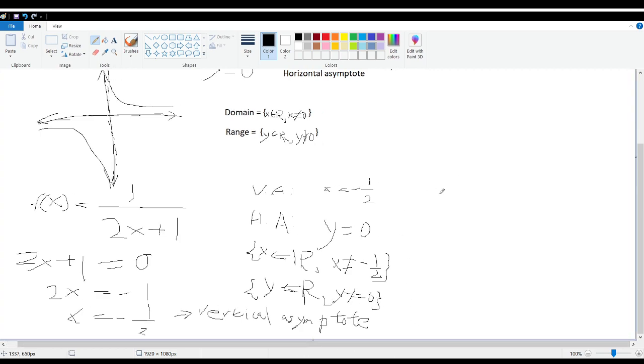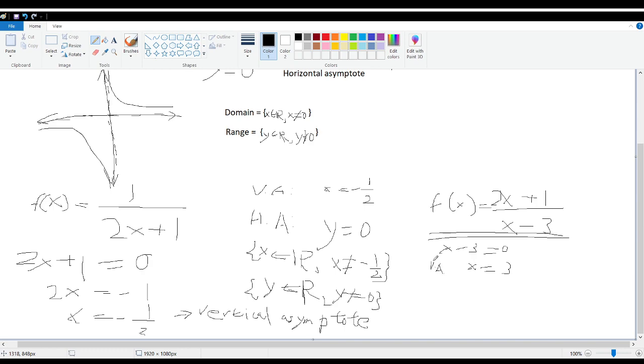So for another case where there is x present in the numerator and the denominator. Let's say x plus 1 over 2x plus 1, no, 2x plus 1 over x minus 3. Let's say this rational function. What is the vertical asymptote? x minus 3 equals 0, x equals 3, that's the vertical asymptote.